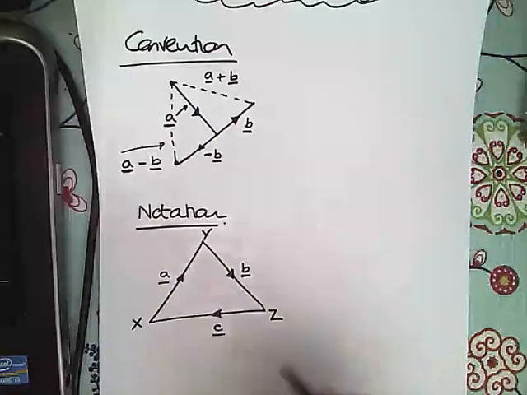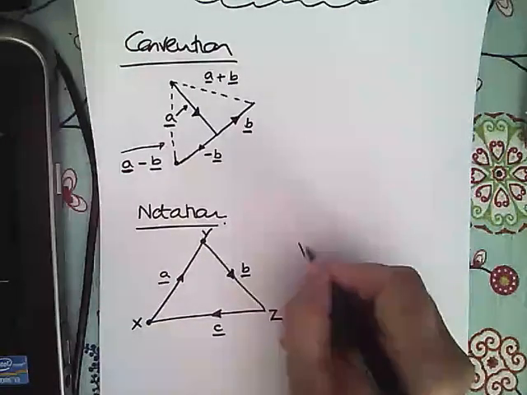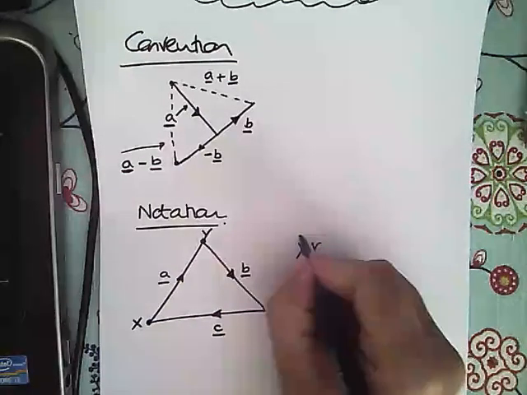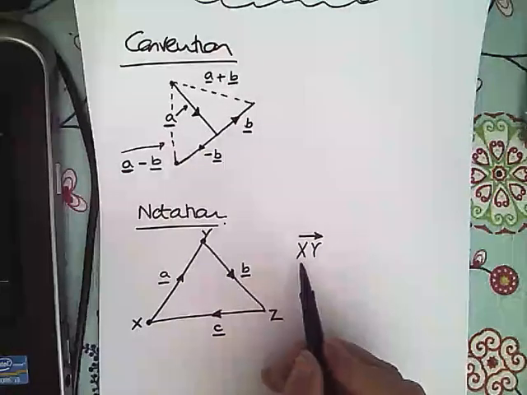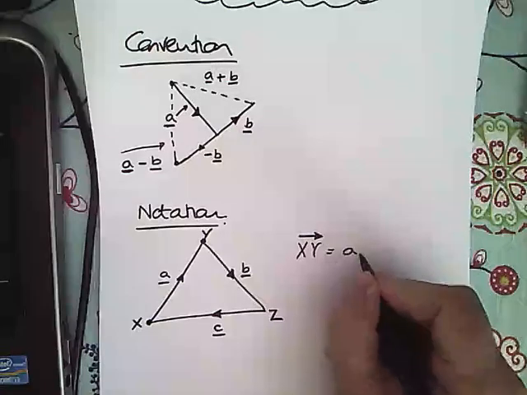I could write going from X to Y as XY with an arrow across the top indicating that I'm going from X to Y, and that is equal to the unit vector A.